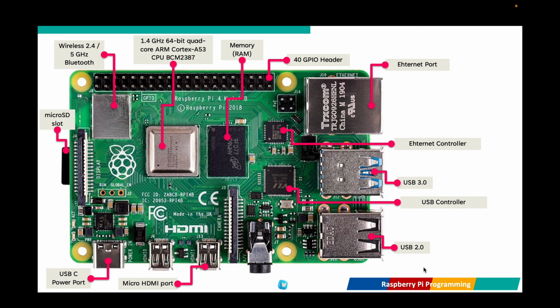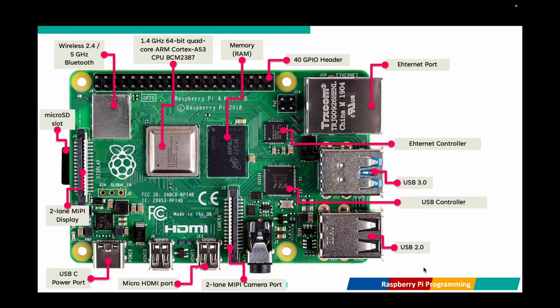Now, this is where the 40-pin GPIO header is. One of the most important features is this GPIO. These 40 GPIO pins allow you to interface with external components such as LEDs, motors, and other hardware, making the Raspberry Pi a powerful tool for physical computing and IoT applications.